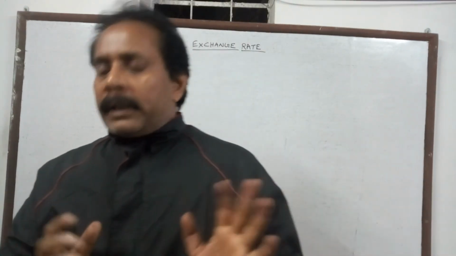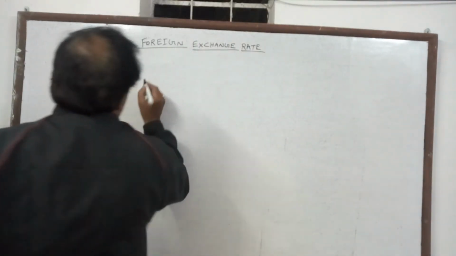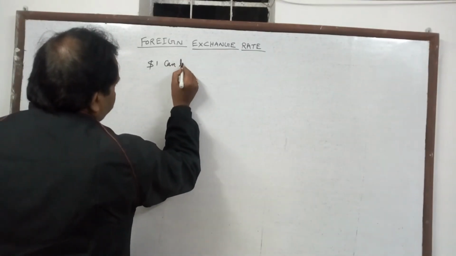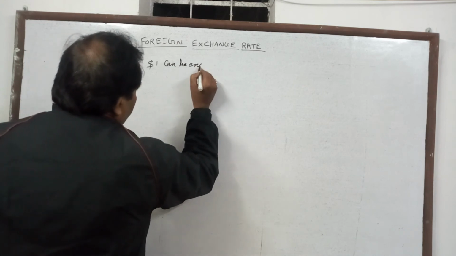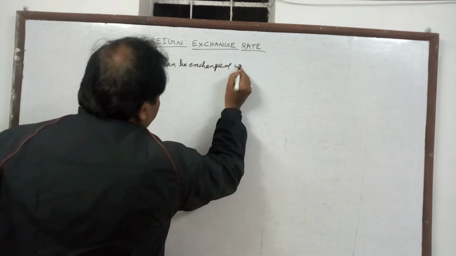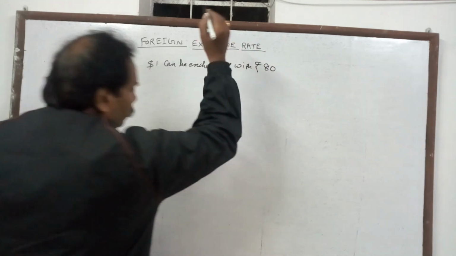Is it clear? Suppose $1 can be exchanged with rupees 80.